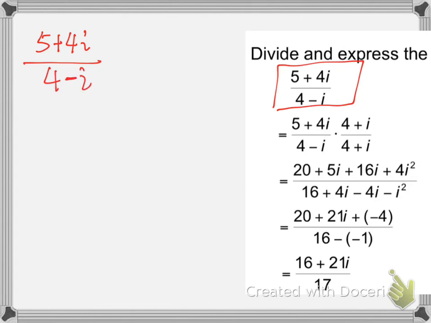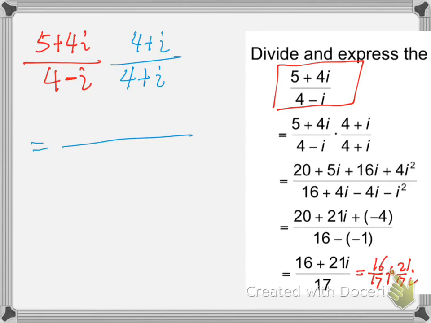The denominator is a complex number, so our job is to change the denominator to a real number and then rewrite this as a complex number which has a real part and an imaginary part. The idea is we use its conjugate. The denominator is 4 minus i, so we use 4 plus i, the conjugate.